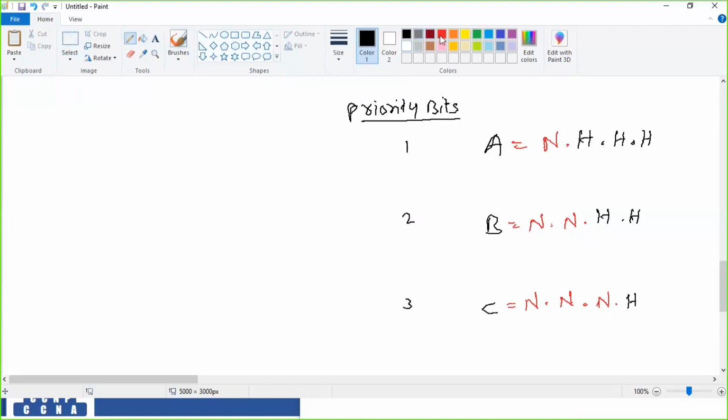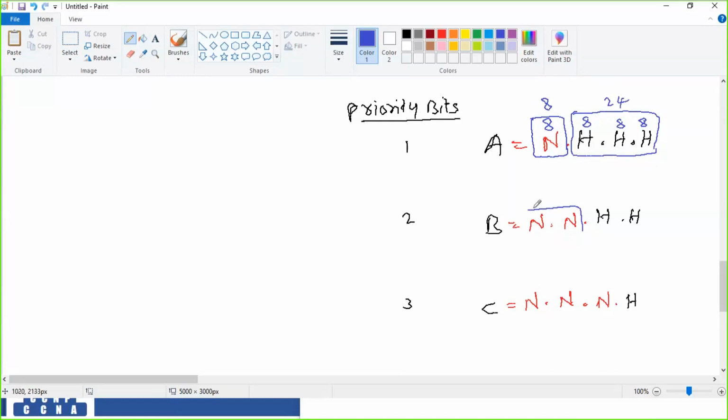Each octet contains how many bits? 8 bits. First octet is 8 bits, second octet 8 bits, third octet 8 bits, fourth octet 8 bits. So in class A, the total number of network bits is 8. These are network bits, right? Total number of host bits in class A: 8 plus 8 plus 8, 24 host bits.